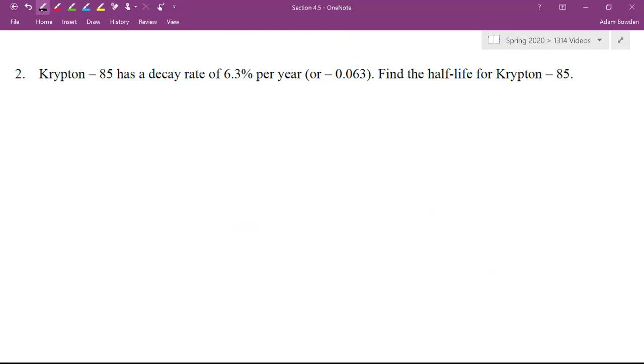Okay, now this question tells us that the element krypton-85 has a decay rate of 6.3% per year, or in other words, negative 0.063. With that information, we want to find the half-life for krypton-85. The decay rate is negative 0.063. And we're going to answer the question, how long?